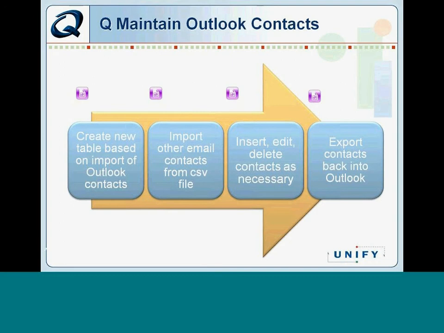Outlook contacts. Actually, you can create a new table based on an import of Outlook contacts of your local system. You can also import other email contacts from a CSV file into that table. And so you can mix and match and merge and delete and work on the contacts you have.